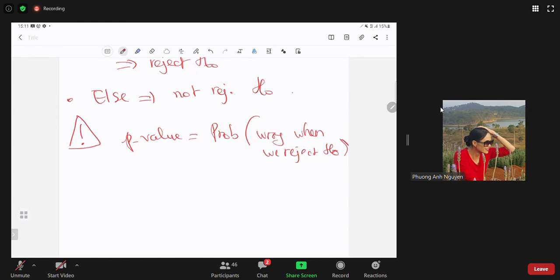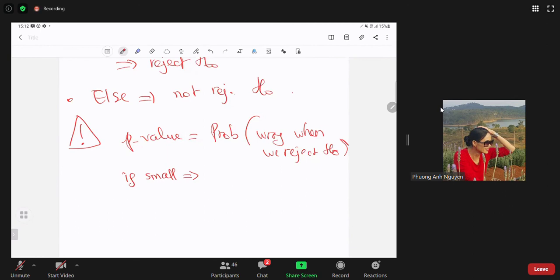To me, the p-value is the probability to be wrong when we reject H0. So what does it mean? It means that if the p-value is small, the probability to be wrong when we reject H0 is small. So we reject or not reject.